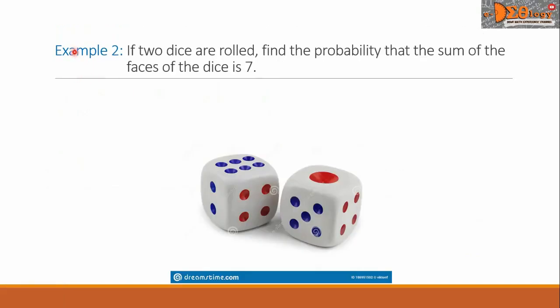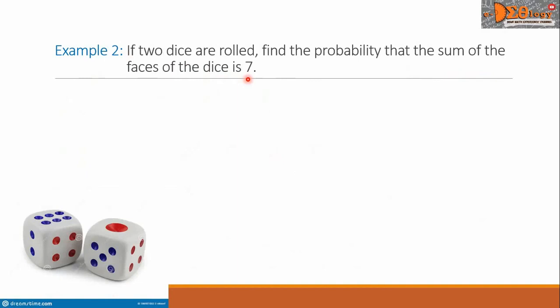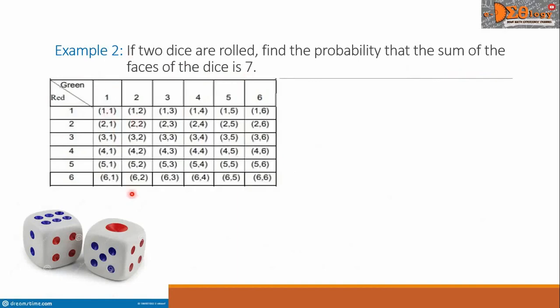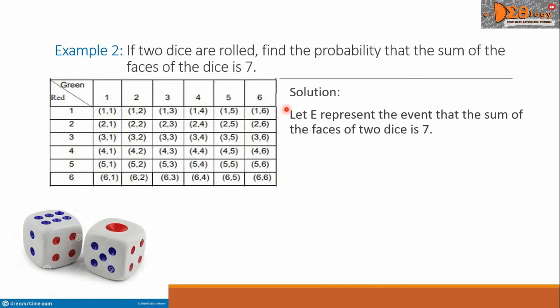Example 2. If two dice are rolled, find the probability that the sum of the faces of the dice is 7. Let us borrow the same table from example 1.